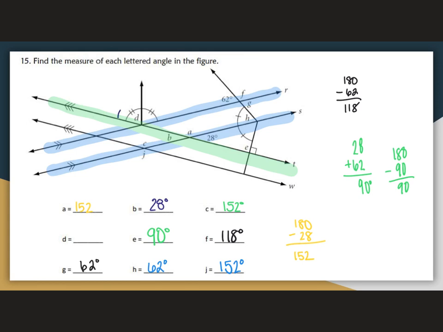So this entire angle is 152 degrees. However, I don't want the entire angle. I want just this piece. And if you look, these are marked congruent, so we know they're the exact same. So I'm really splitting 152 in half, or dividing it by 2. When I split that in 2, I should get 76 degrees.